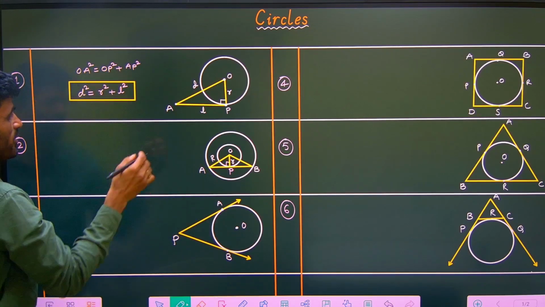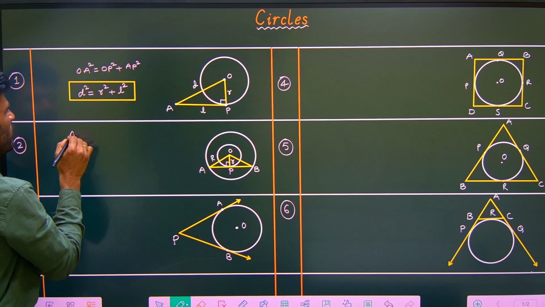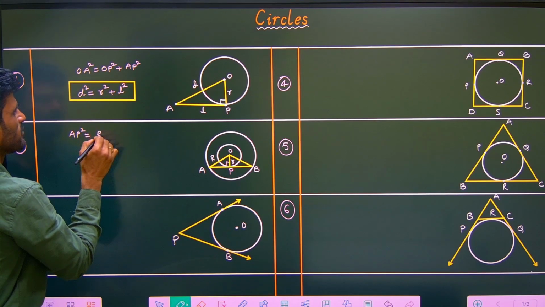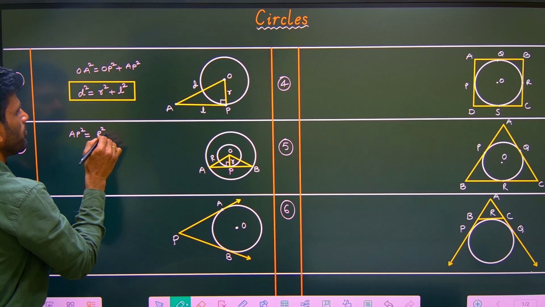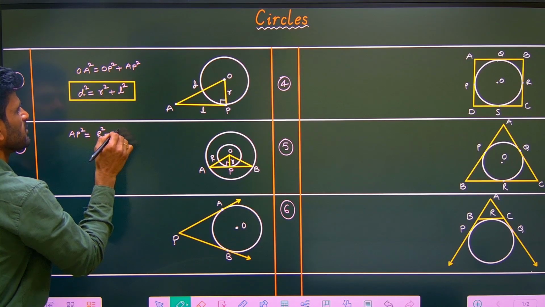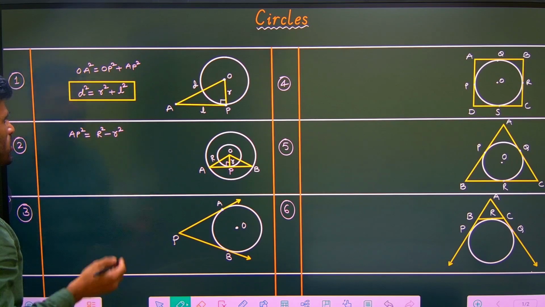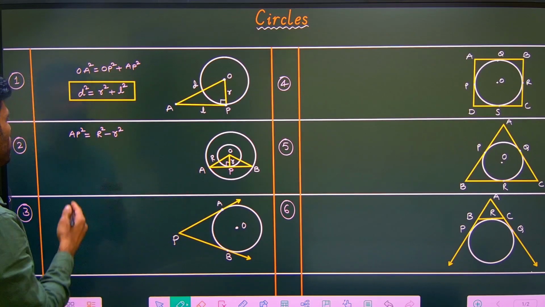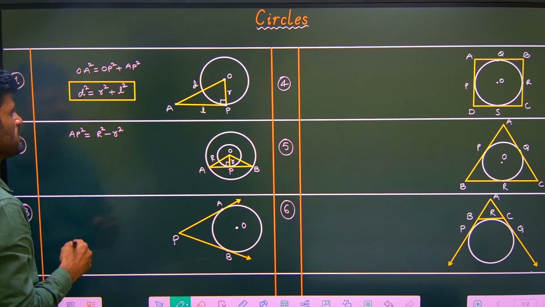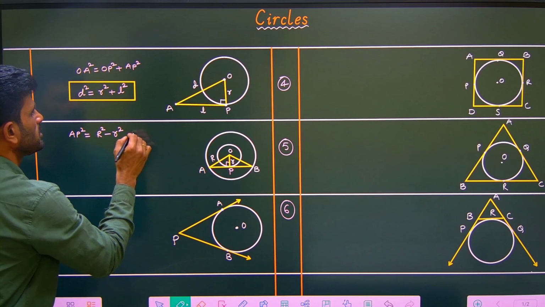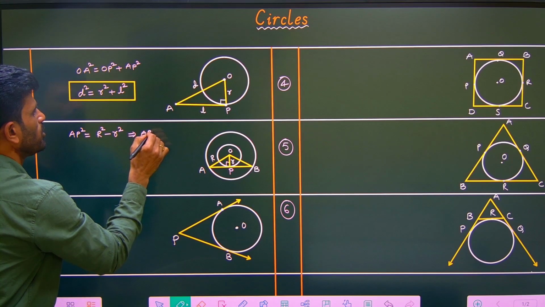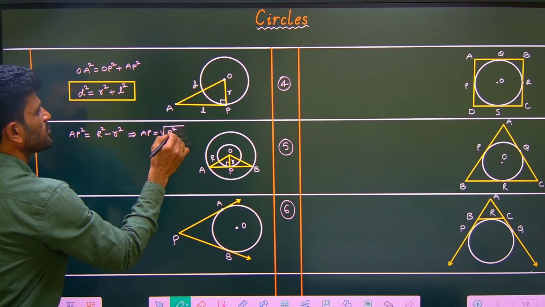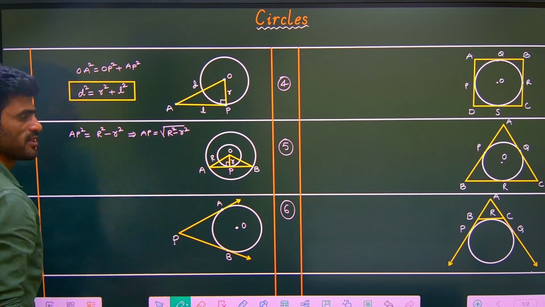Then what we get here, AP square we get as capital R square minus small r square. I wrote directly. Actually, capital R square is equal to AP square plus small r square. From that, AP square is equal to capital R square minus small r square. This implies AP is equal to root of capital R square minus small r square.